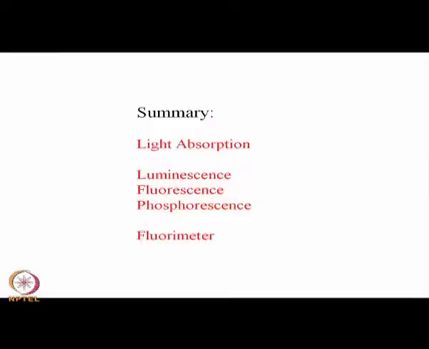scattering. Now importantly, the fluorescence spectrum of a molecule is very much dependent on the excitation light. If your excitation light is changed, then in many cases the fluorescence or luminescence spectra is altered.